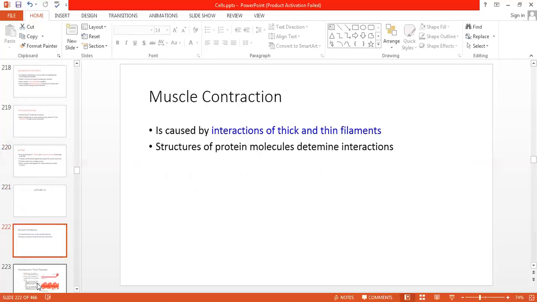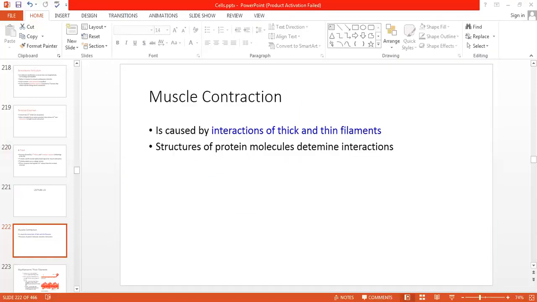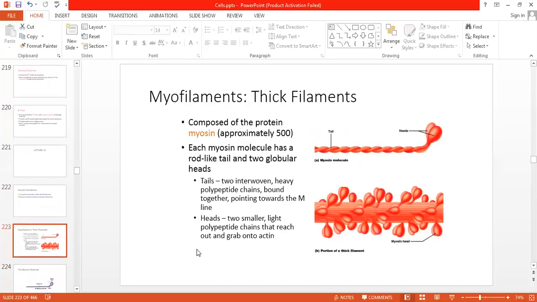Muscle contraction is caused by the interaction of the thick and thin filaments. The structure of the protein molecules determines this interaction. Myofilament, thick filament, you can see over here.